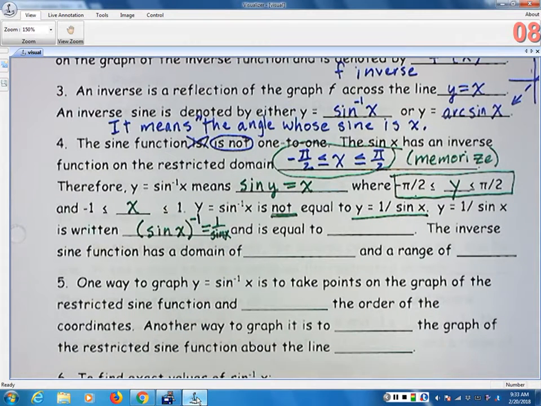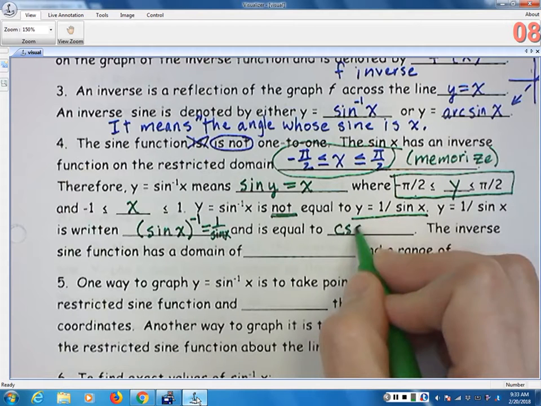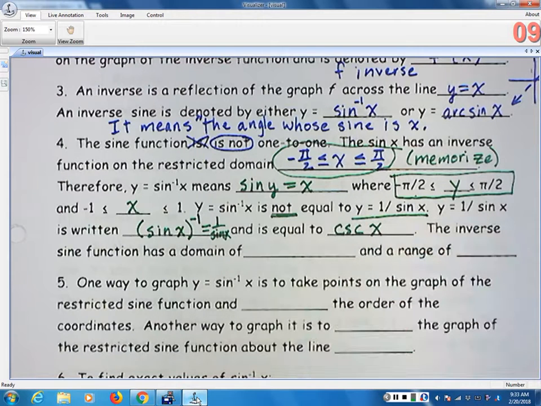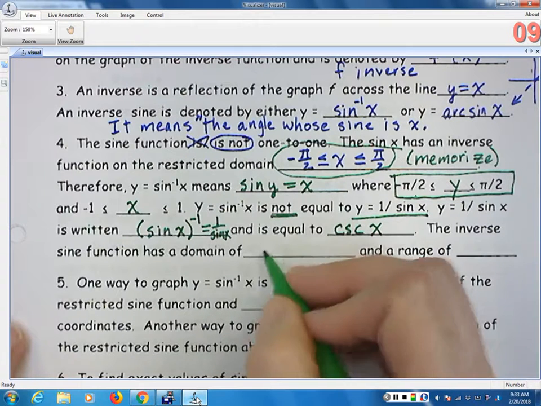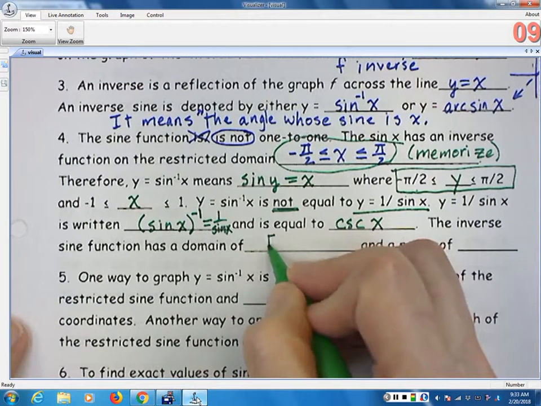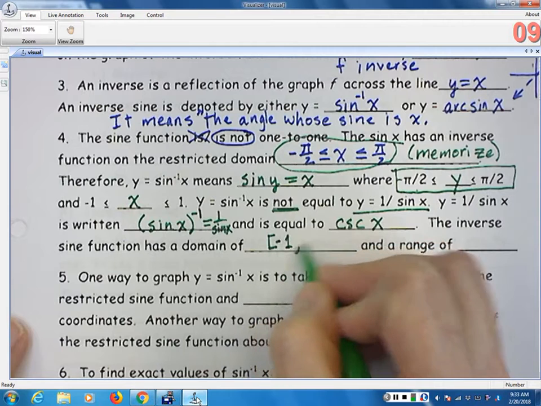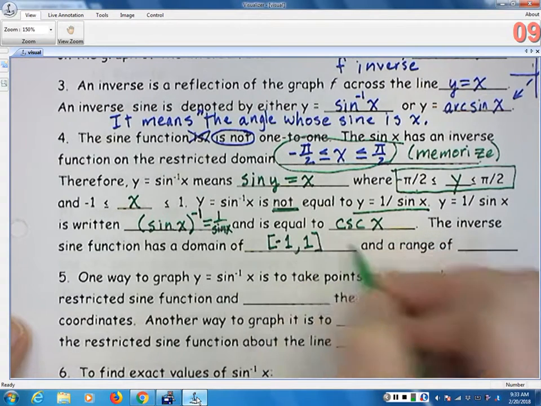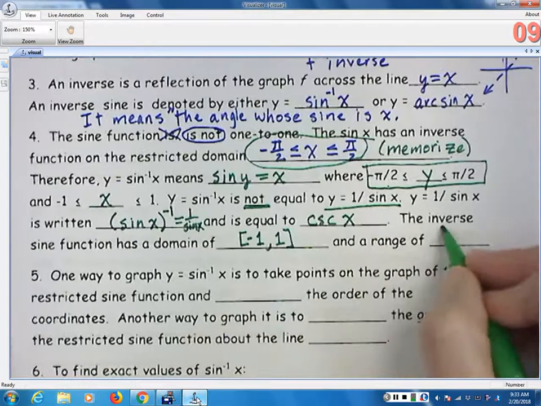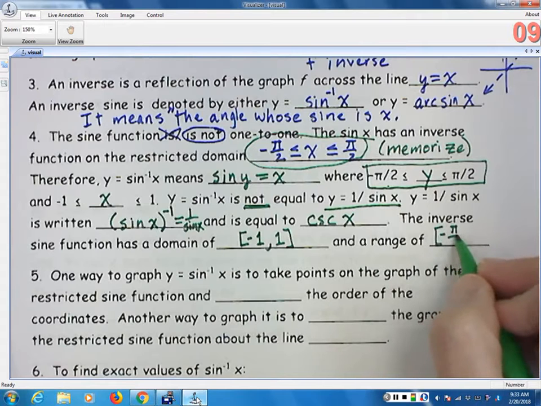And it's equal to cosecant x. So the inverse sine function has a domain of minus 1 to 1 and a range of minus pi over 2 to pi over 2.